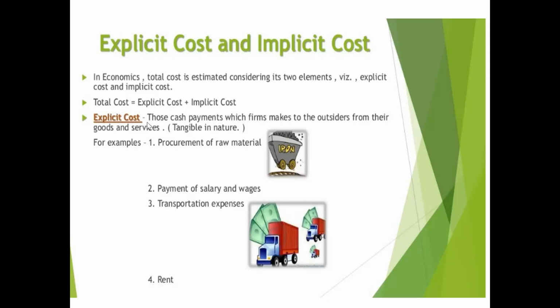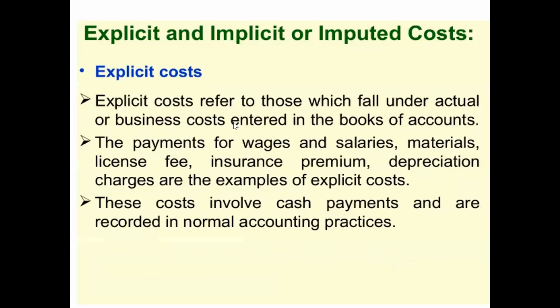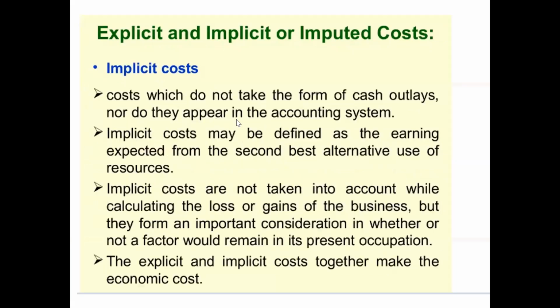I already explained both costs. Explicit costs are actual costs, normally entered in the books of accounts, right? Payments of salaries, materials, insurance, all these costs that involve cash payment and are recorded in normal accounting practices.